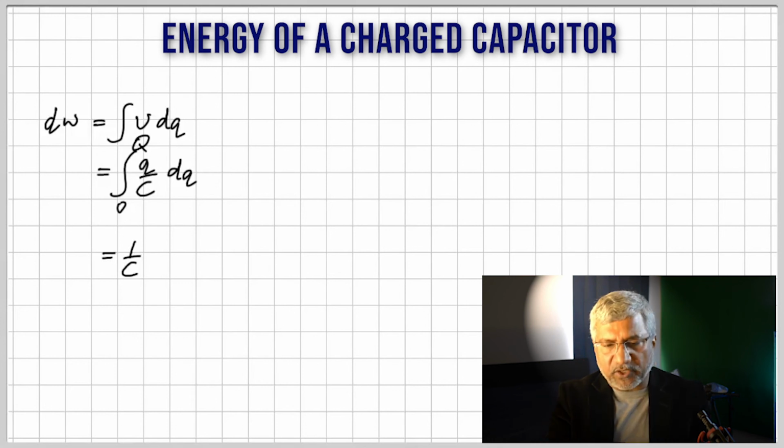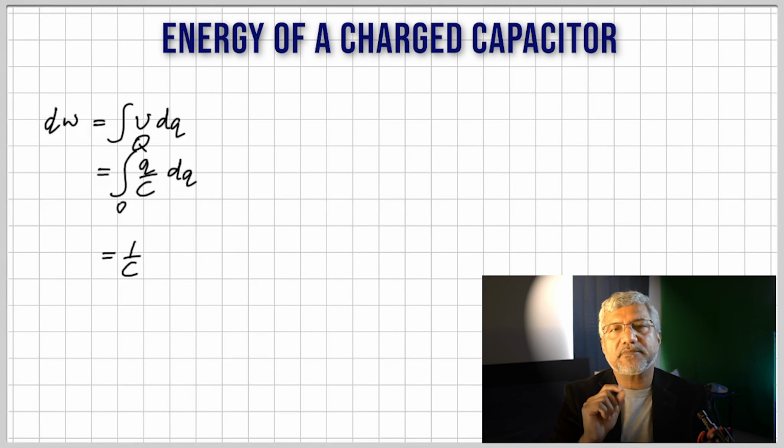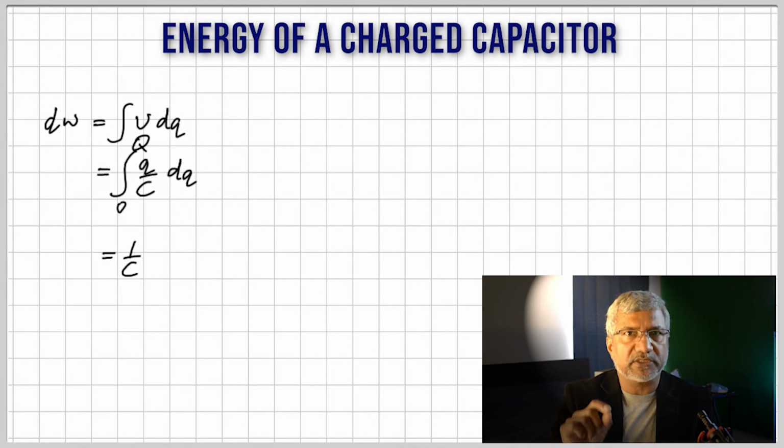So the small work required to add an additional charge dq is given by V dq. Now that comes from the definition of voltage. Remember that voltage is work over charge. So when you rearrange, work is voltage times charge.